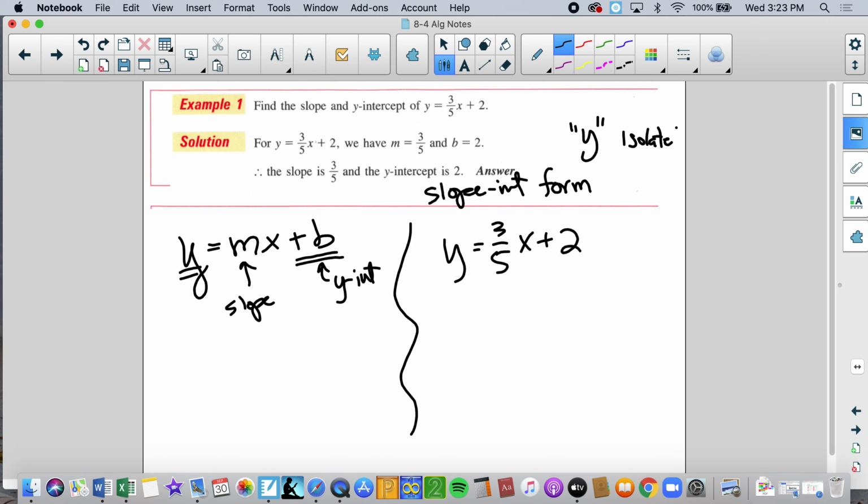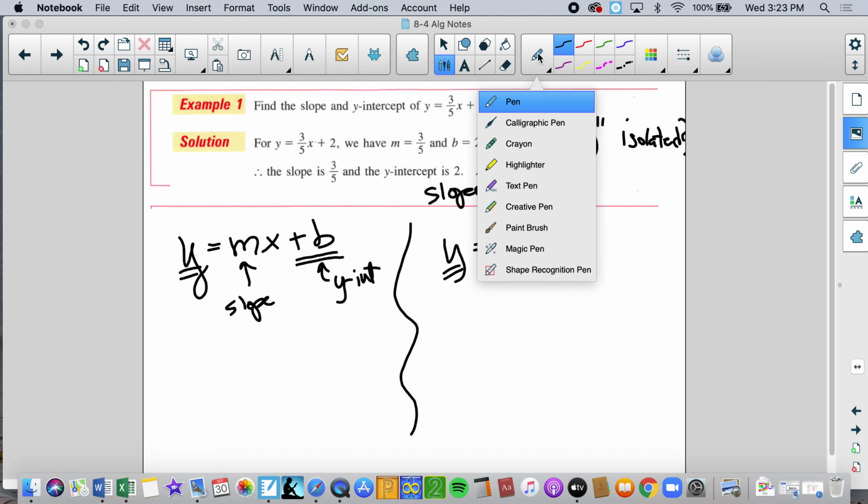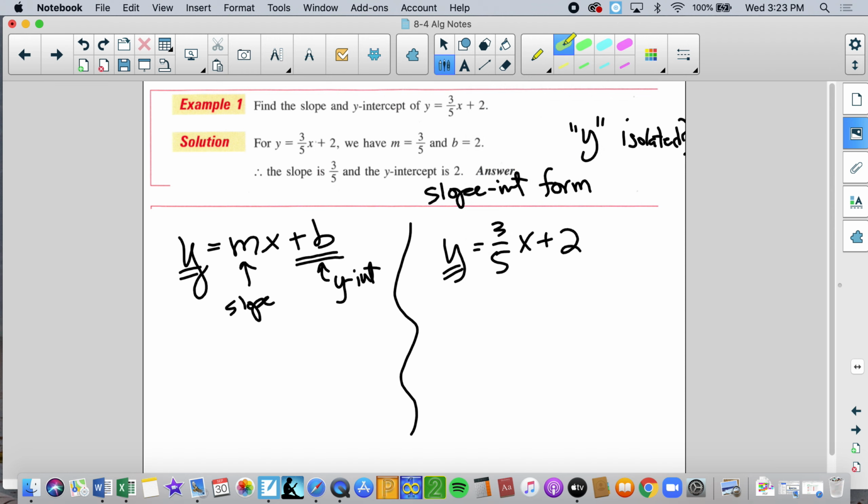Is y by itself? Yeah, y is by itself. Now we look at the coefficient of x, the number in front of the variable. So what's the coefficient of x? It's 3/5. So that tells me that the slope of that line is 3/5.